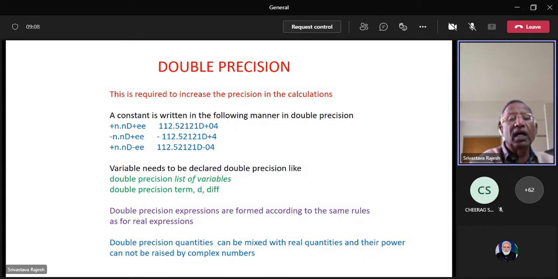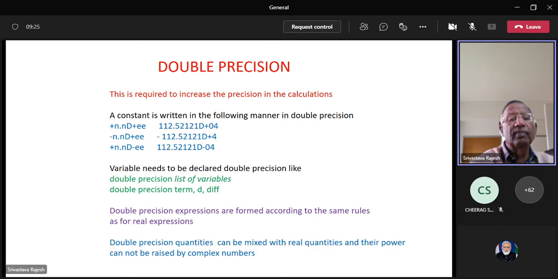Now you might think I have given only the after decimal 5 digits. Then why am I talking about the 10 digits or 16 or 20 digits? That means when the calculation is done, how do you do the calculation?